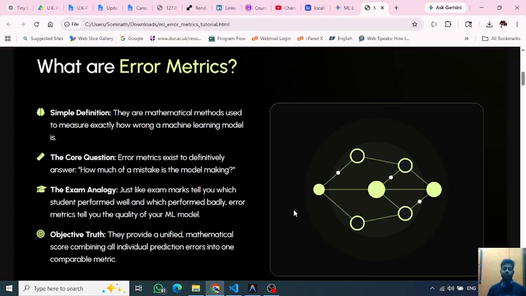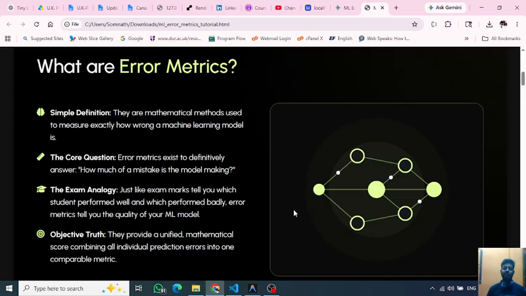What is this? So when you create a machine learning model, you have to measure the performance of the model.